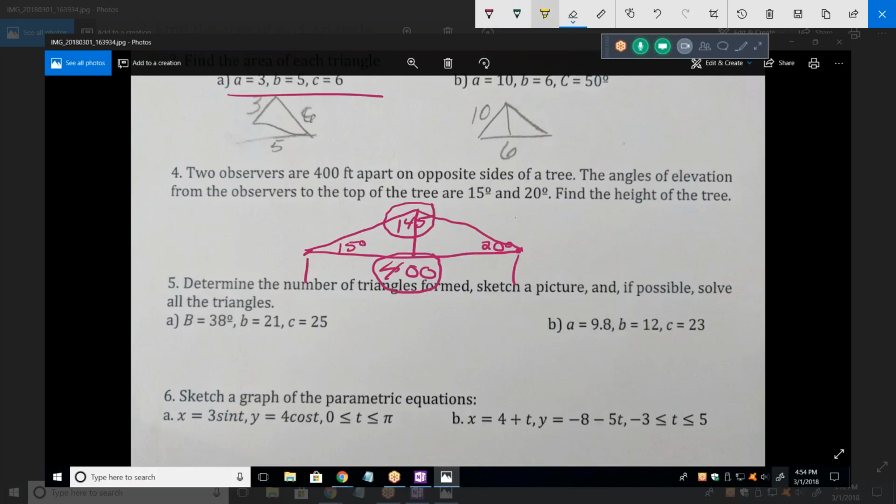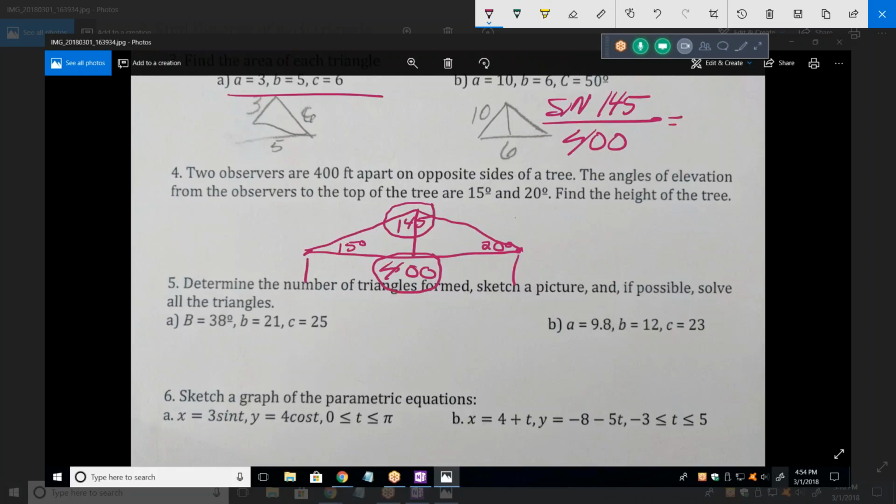Okay, so it's going to be sine 145 over 400, right? In other words, that's the only relationship we have where we have an angle and its opposite side.